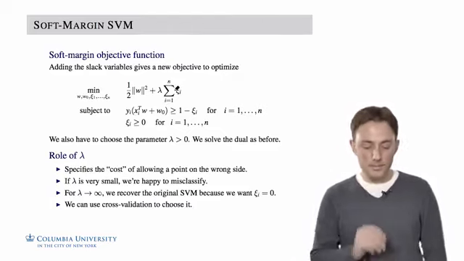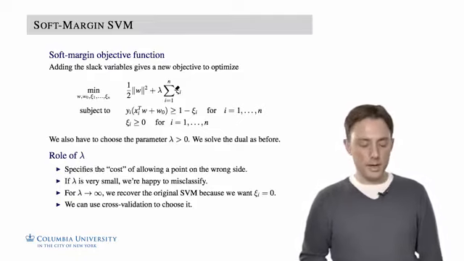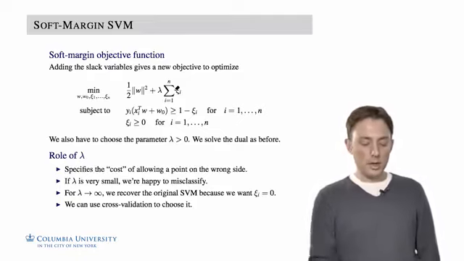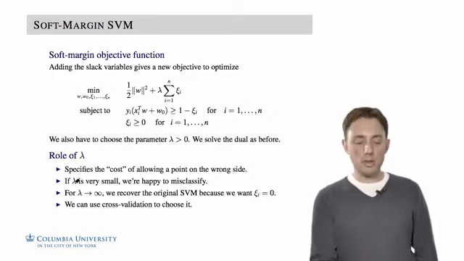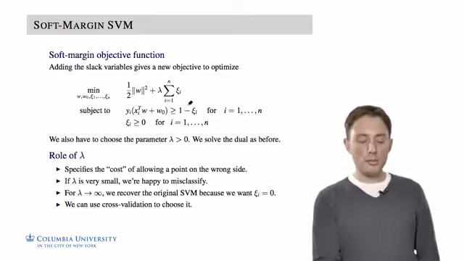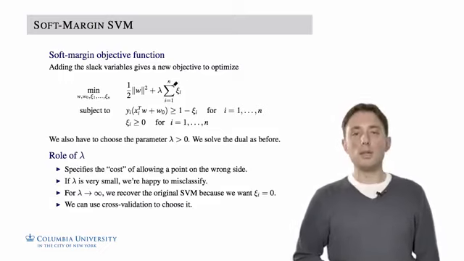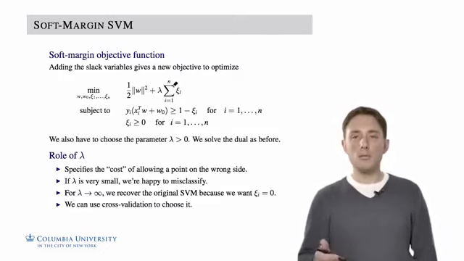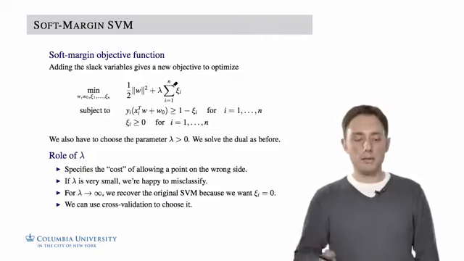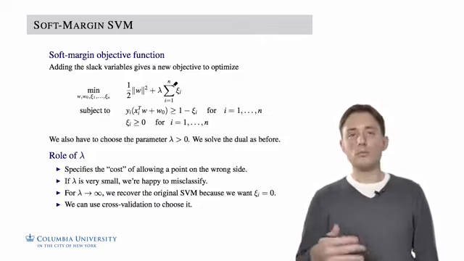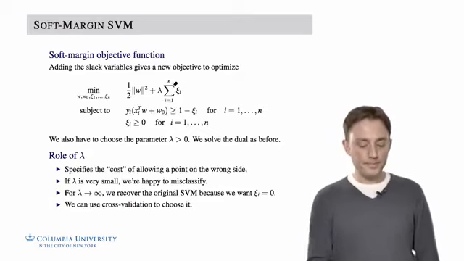We can quickly see the role of lambda in this setting. For example, if lambda is extremely small, say in the limit as it goes to 0, then we're essentially paying no penalty for letting psi be greater than 0. And so we're really allowing anything to be misclassified. We can't really learn in that way.